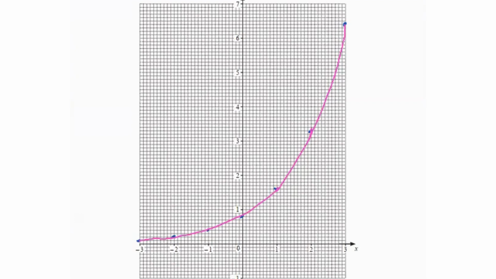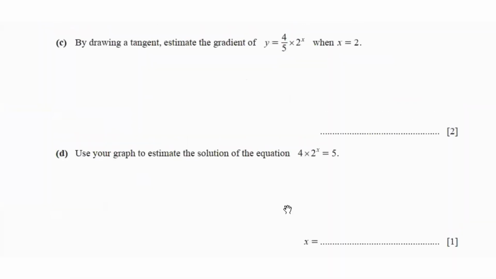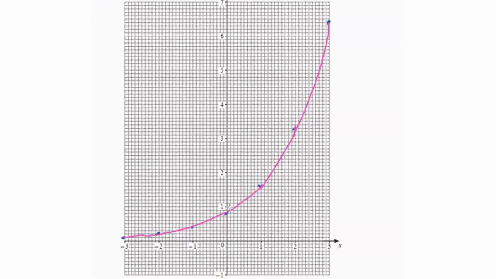Next it says, by drawing a tangent, estimate the gradient of the graph when x equals 2. Drawing a tangent at x equals 2, which is basically this point. If we draw a tangent over here, we can pick 2 points.